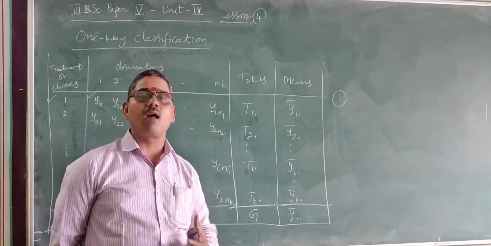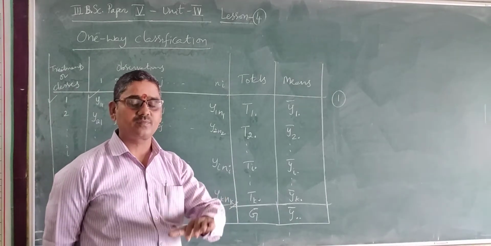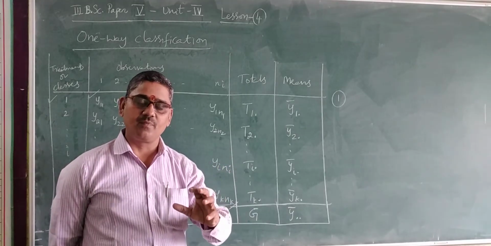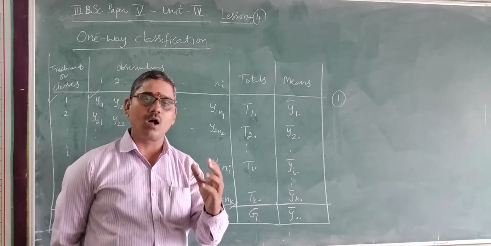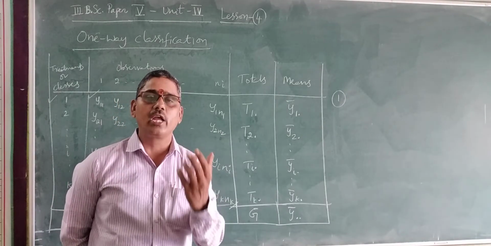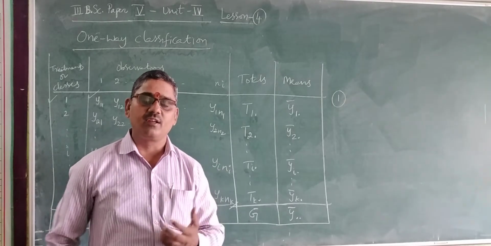For example, you have applied 4 fertilizers on various experimental units, and we have obtained the yield, that is, how many kilos of rice, for example, if the crop is rice or wheat.